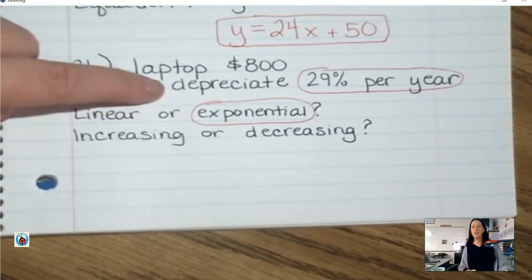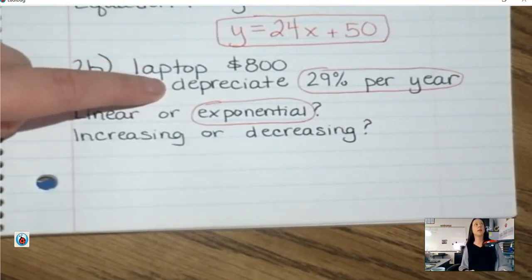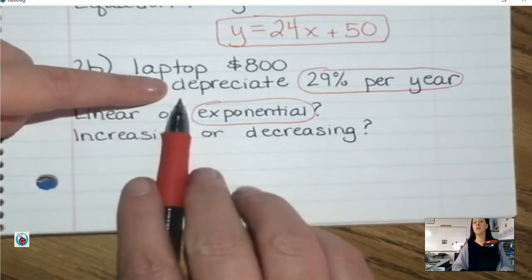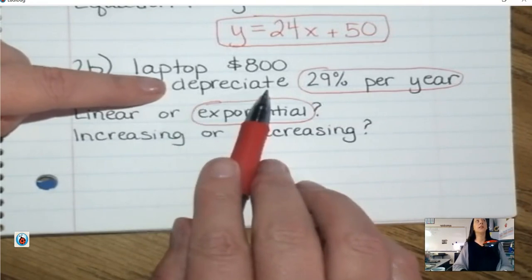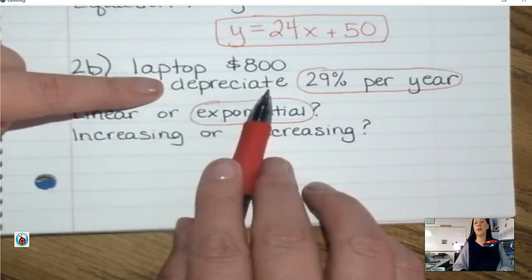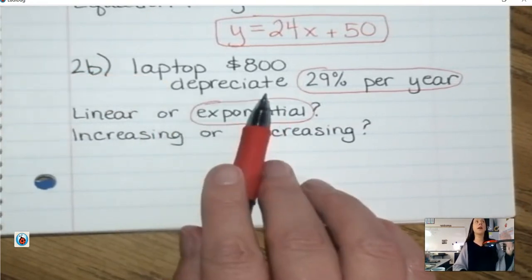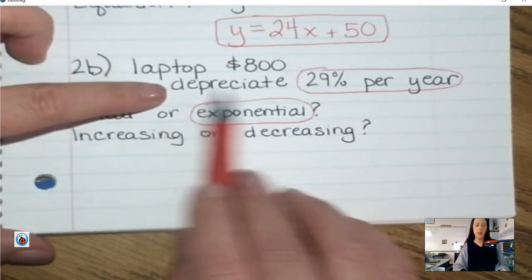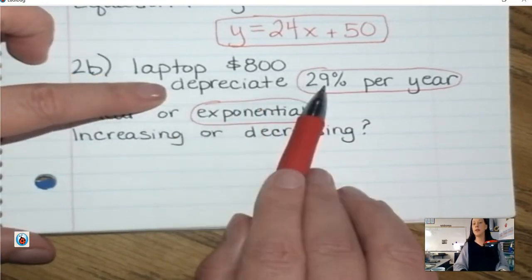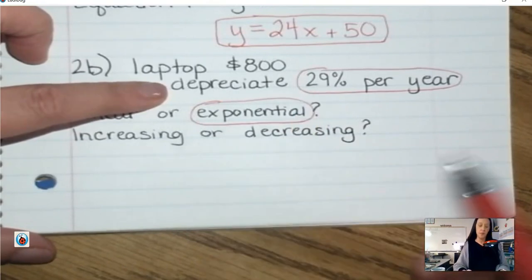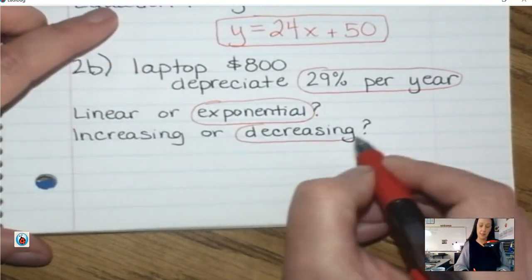The word depreciate means it's going down in value. If you buy something used, it's worth less money because it goes down in value, either because it has wear and tear on it or a better product has come out that's more advanced. So this laptop is going down 29% each year. So it is decreasing.